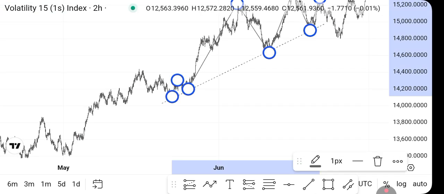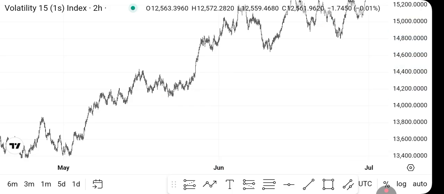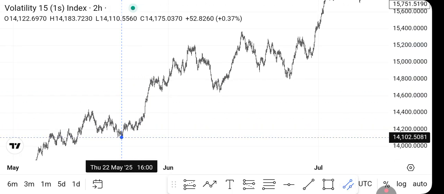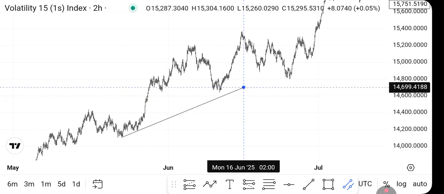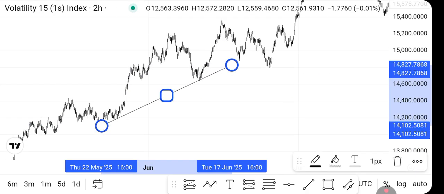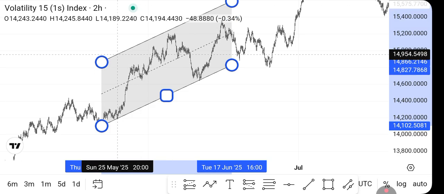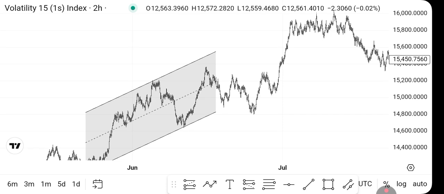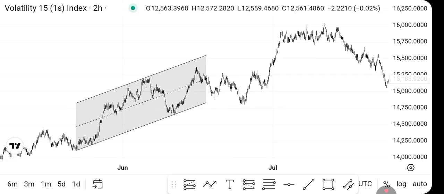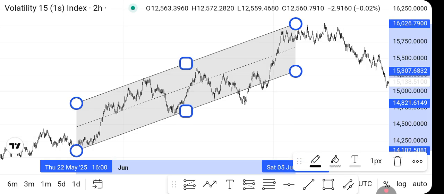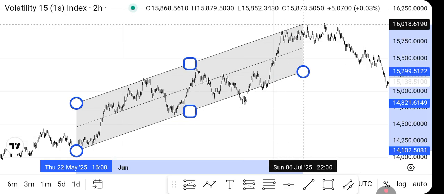But I'm just looking for a perfect one. You can use it here. So this is the channel. You just draw the same way you draw the trend line, and then you extend it out. It must coincide with the top, right? So you bring it out here, bring it out there.